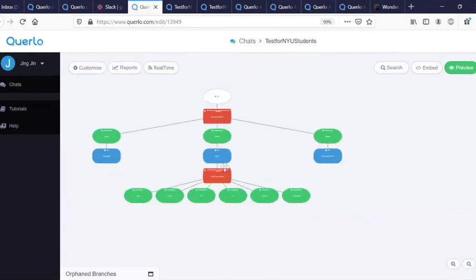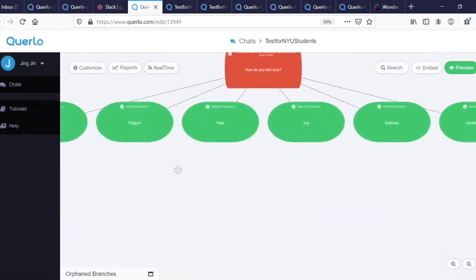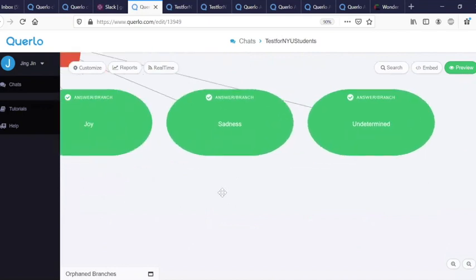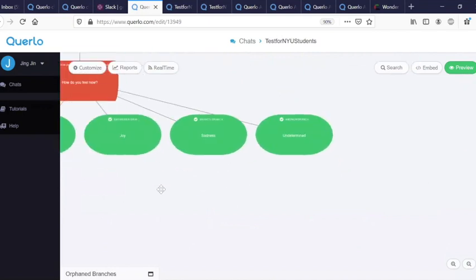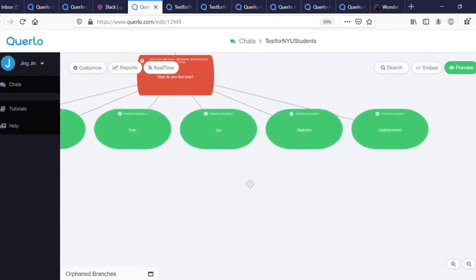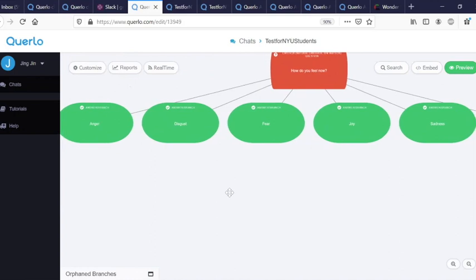And it immediately gives you 6 different emotions: anger, disgust, fear, joy, sadness, undetermined. Undetermined is basically the Watson brain does not really understand, or maybe it's a very neutral, non-obvious emotion here.